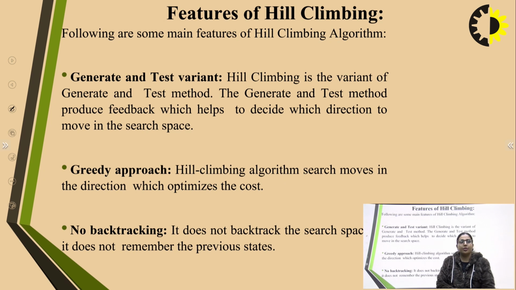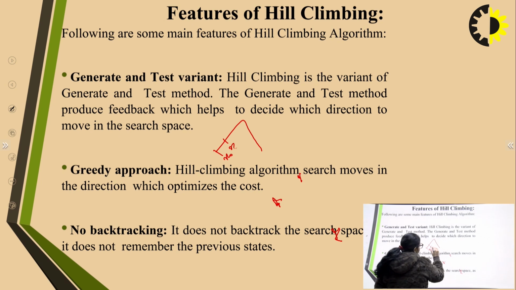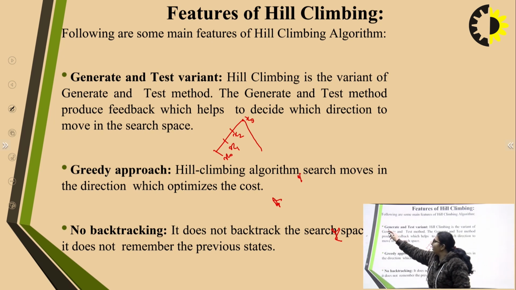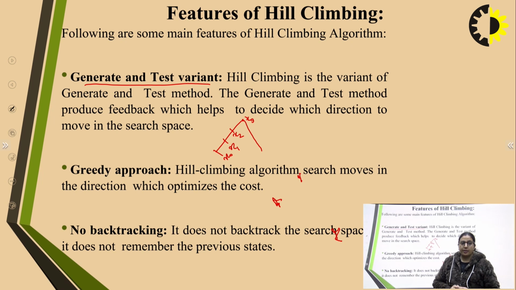The main feature of the hill climbing algorithm is generate and test. What does it mean? If this is the solution, here it is x0, x1, x2 and x3, right? It is a generate and test variant.